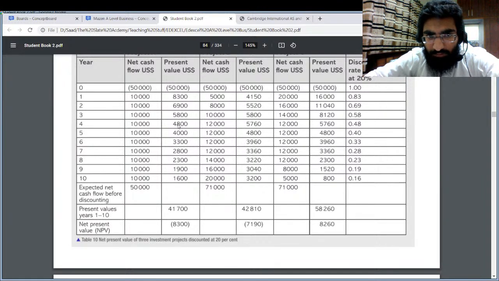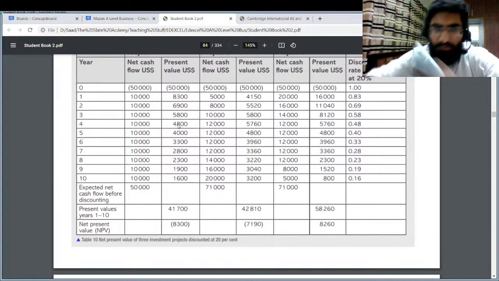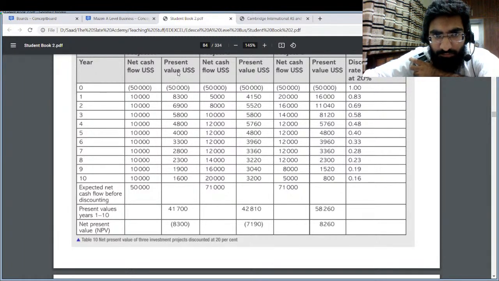You have to do it for the discounted cash flows for this column, present values.